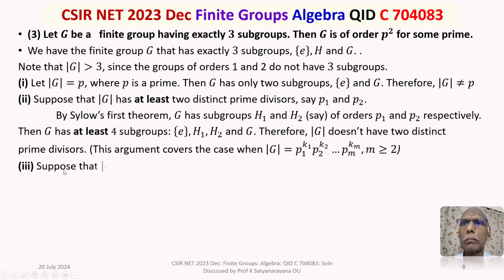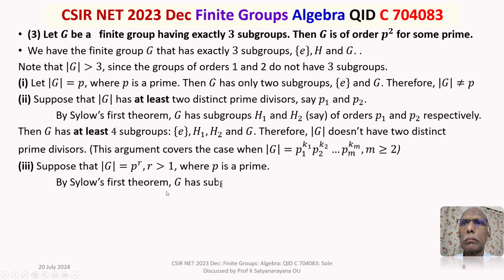So option 3: suppose that the order of G is equal to p to the power r, where r is greater than 1 and p is a prime number. Then by Sylow's first theorem, G has subgroups of order p, p squared, up to p to the power r minus 1, besides our trivial subgroups, the subgroup containing the identity element alone and the whole group G. So how many subgroups do we have? These give r minus 1 subgroups, and adding 2, we get r plus 1 subgroups.